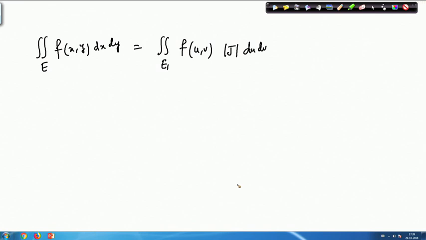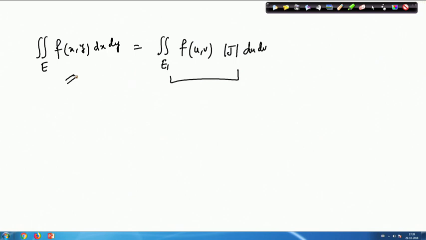actually make our life a little bit easier, because there is a strong possibility the transformed integral can be a simpler integral, and then it will be easy to compute this integral than computing this difficult one.